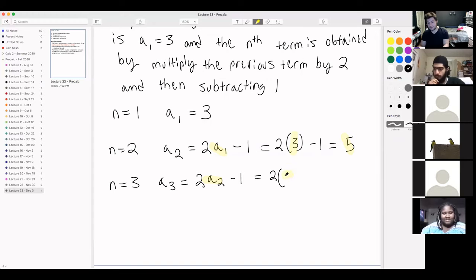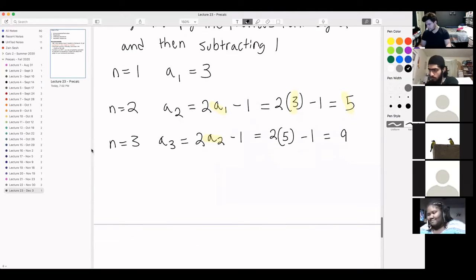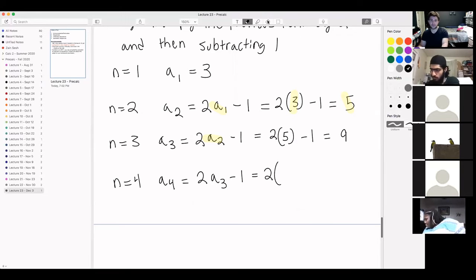So it's 2 times 5 minus 1, which is 9. Now the fourth term, a sub 4, is 2 times a sub 3, the previous term, minus 1. We got a3 is 9, so you plug that in. It's 2 times 9 minus 1, so this is 18 minus 1, which is 17.